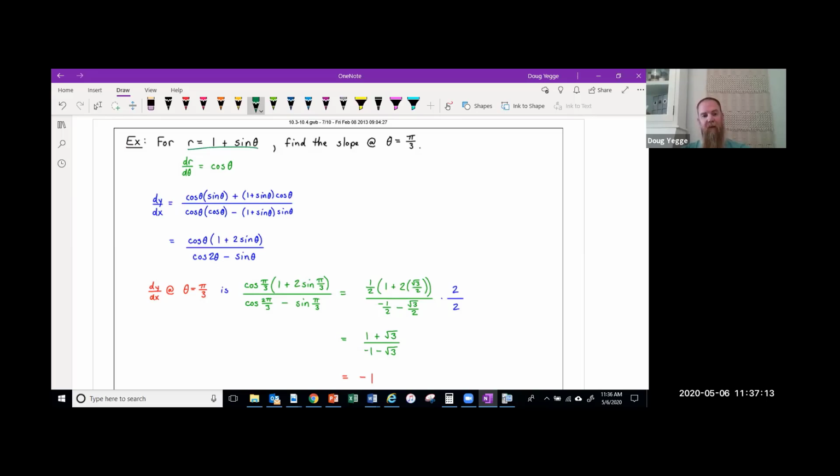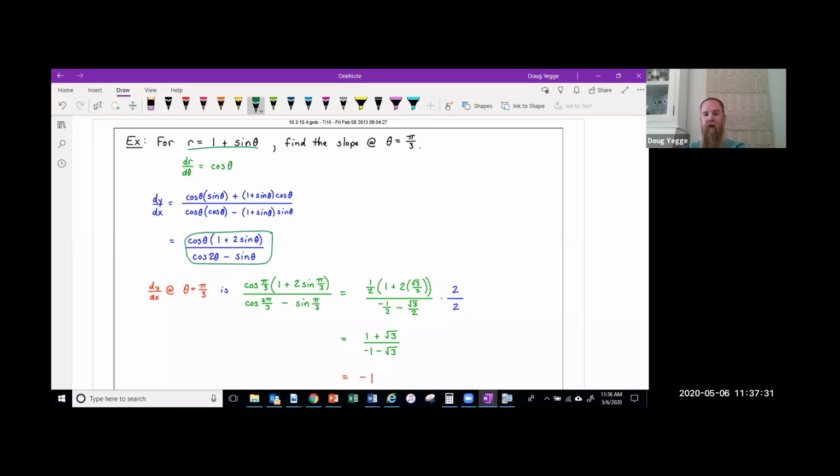So now I can plug everything into the appropriate spot, and I get dr d theta here and here, and I get r here and here. I plug everything in and simplify, and this is the formula to find my slope.